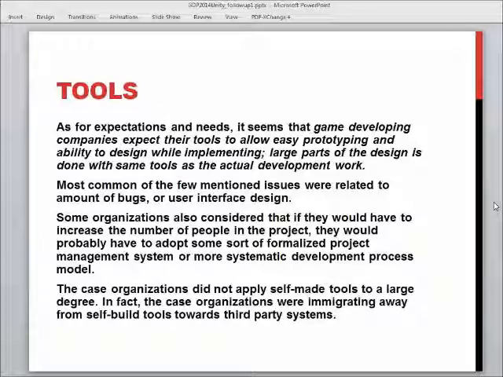But the standardization and platformization, or standard availability of standard platforms or standard development engines over existing platforms, is so common nowadays that basically no one makes their own tools anymore. If they need a new tool, they just buy a plugin for, for example, Unity or Lime.js or whatever platform they were using.